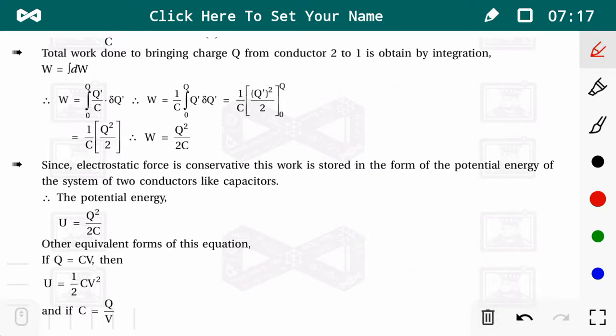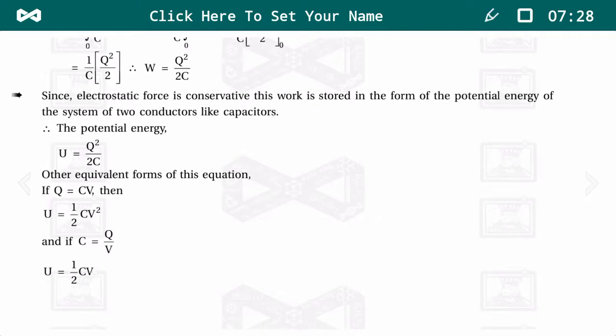So another equivalent form of this equation: Q is equal to CV, and C is equal to Q upon V. When replacing one value with another, we get U is equal to 1/2 CV square.